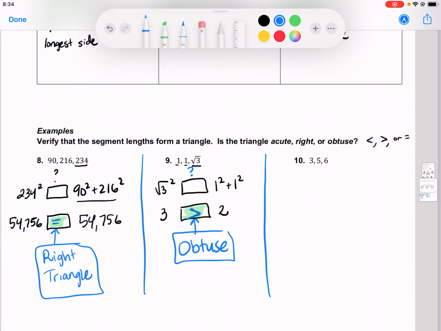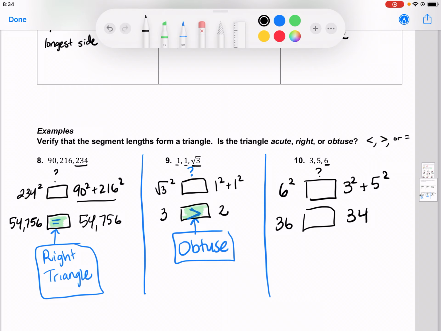I bet you can guess what the last one is, but let's see if you're right. Once again, we take the longest side first, so 6 squared. We've got to figure out if it's less than, greater than, or equal to, and then we take 3 squared and add it to 5 squared. So 6 squared is 36. You can type in 3 squared plus 5 squared, and that gives you 34.